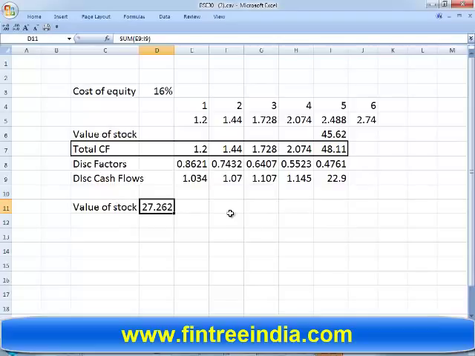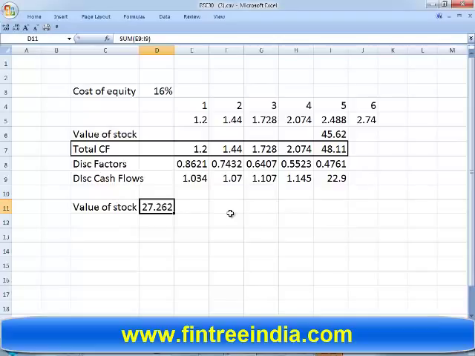Clear your entire memory. 1.2 divided by 1.16 equal to M plus. 1.44 divided by 1.16 equal to M plus. 1.728 divided by 1.16 equal to M plus. 2.074 divided by 1.16 equal to M plus.